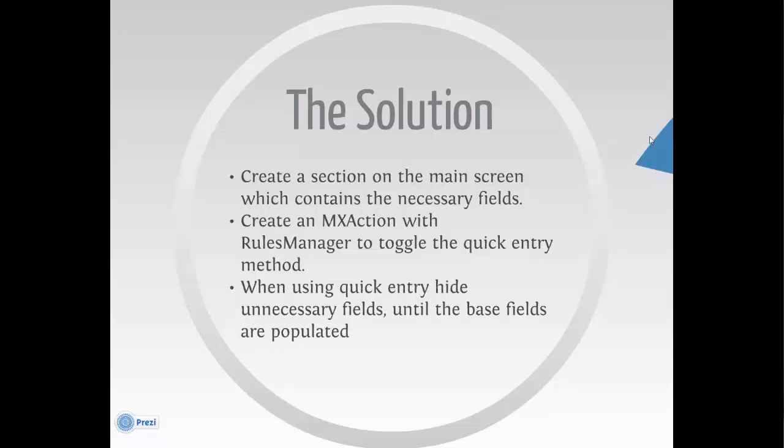We added an MX action that lets you toggle this quick entry mode on or off when you need to. And then finally, once you populate your core fields in this presentation, the rest of the presentation shows up. So you make sure you get your necessary data in first, then you can fill in the rest of the data.